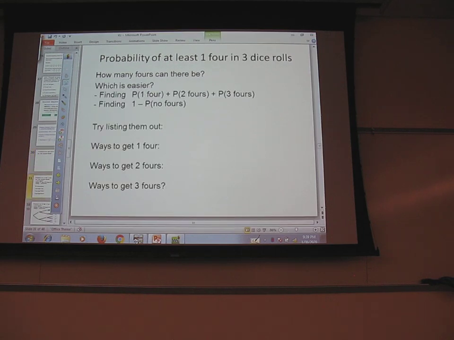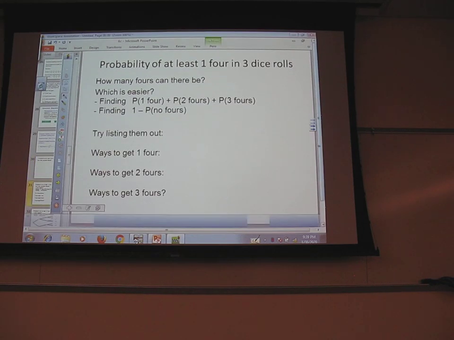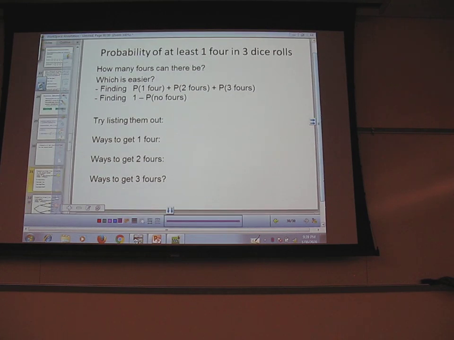All right. So let's list out how many ways there are of getting 1 4. I'll give you the first one. I'm rolling the dice 3 times, and only one of them is a 4. I could have gotten that by going 4, then not a 4, then not a 4. That's 1 4. What's another way I could do it? Not a 4, then a 4, then not a 4.